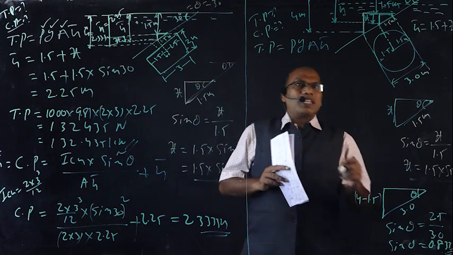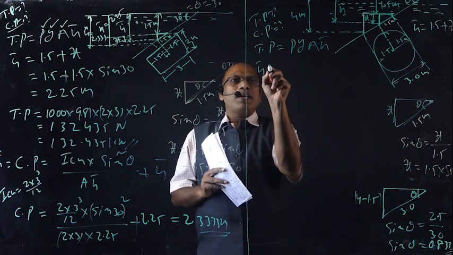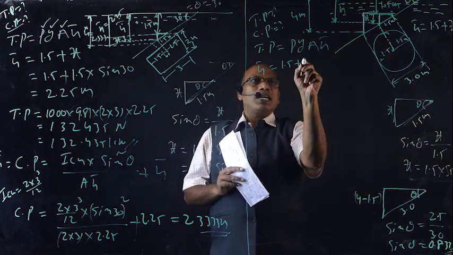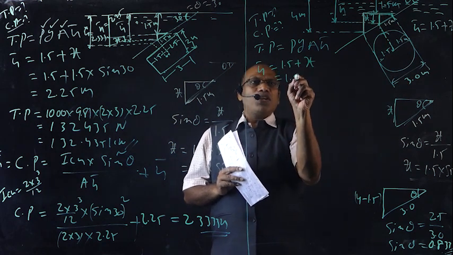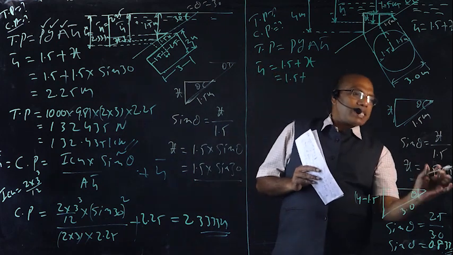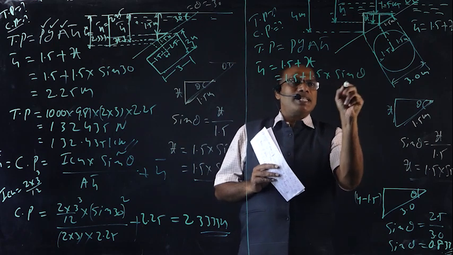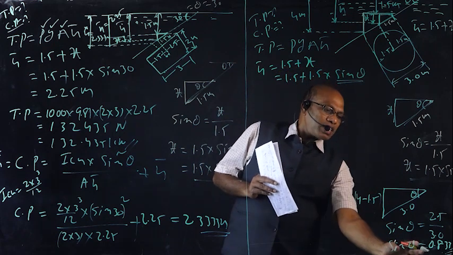Now we are going to determine the h bar. H bar is equal to 1.5 plus x. That is equal to 1.5 plus x, which is nothing but 1.5 sin theta. Sin theta we have determined here.